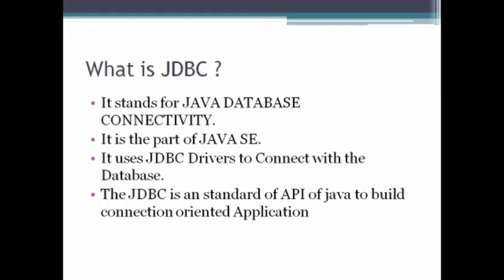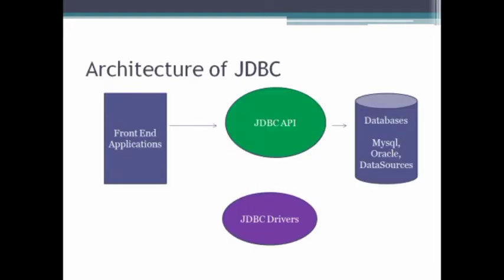Okay, so let's see the architecture of JDBC, the front-end applications and databases. As in the figure you can see, the front-end applications are communicating with the database with the help of the JDBC API and the JDBC drivers. So if there are applications like a library management system or any type of desktop application, I'm not saying that the library management system is the only example of JDBC.